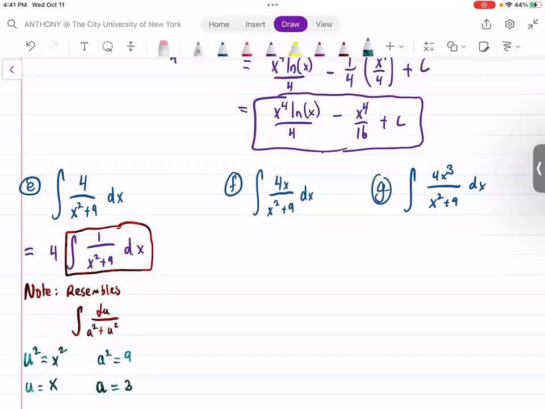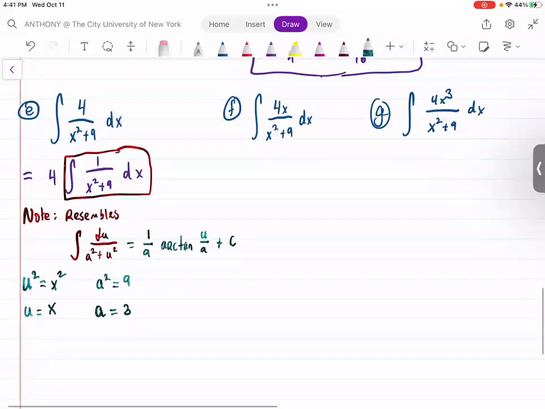So what the tan rule states is that the integral of du over a squared plus u squared is equal to 1 over a times arctangent of u over a plus c. In my next line, I can write it as follows. Looking back at the original integral, we had a 4 on the outside, so the 4 is going to be part of the solution.